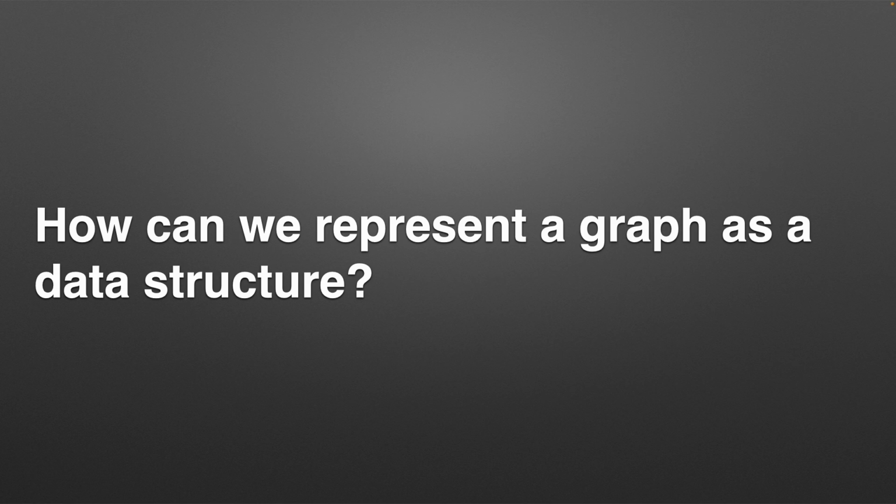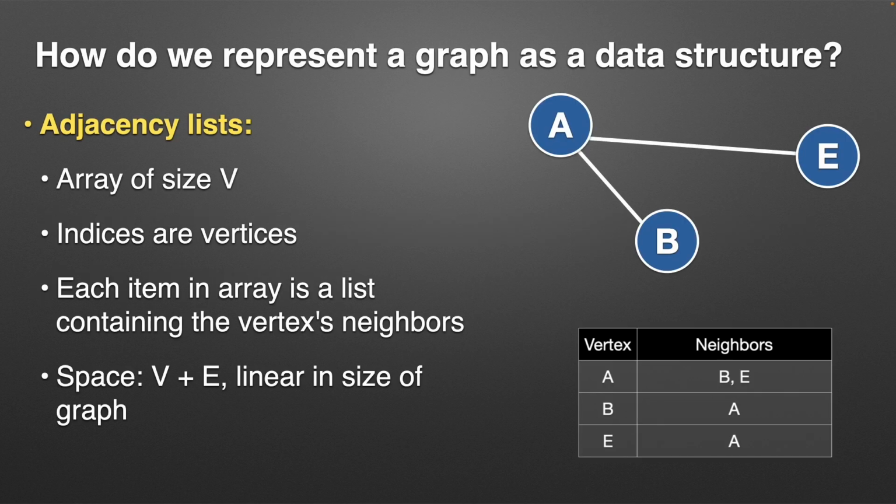So we were talking briefly about how we could represent a graph as a data structure, how we would actually code it, what that would look like. And there are a few different ideas about this. We talked about starting with something called an adjacency list. The idea here is that we would keep an array or a vector, whatever you want to call it, a list.